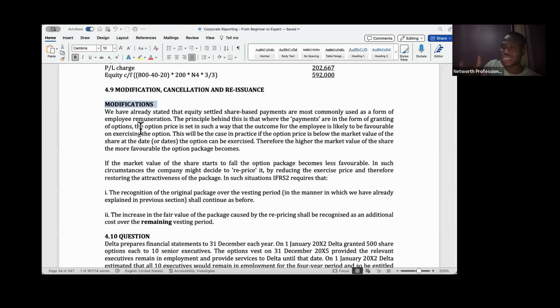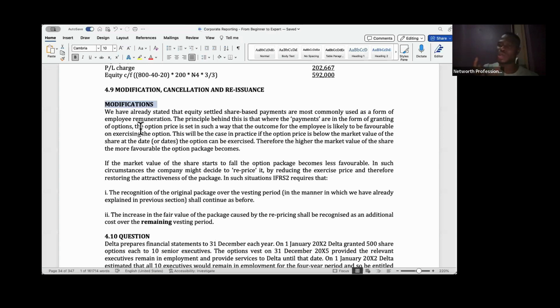That value becomes increased. So whenever they tell you that there is a repricing or there is a reduction in the exercise price, the examiner will also tell you that this has resulted in an increase in the fair value of the share option of the entity. That increase is the focus here today.